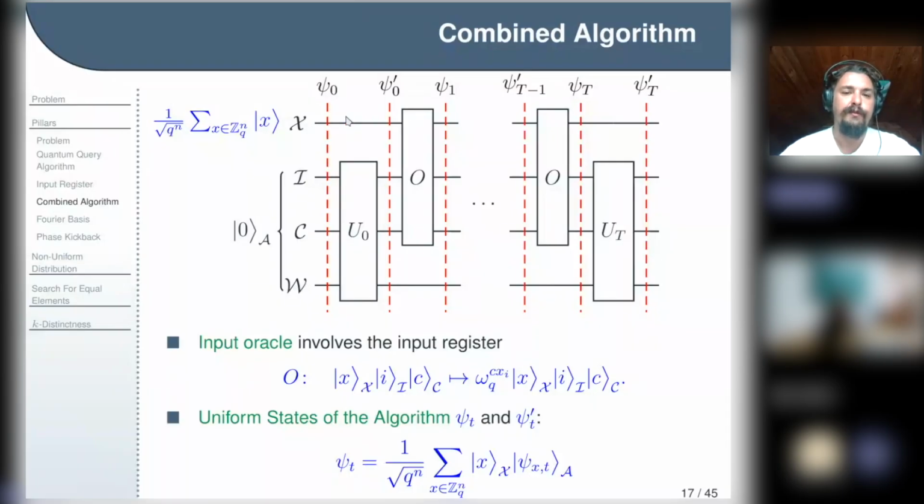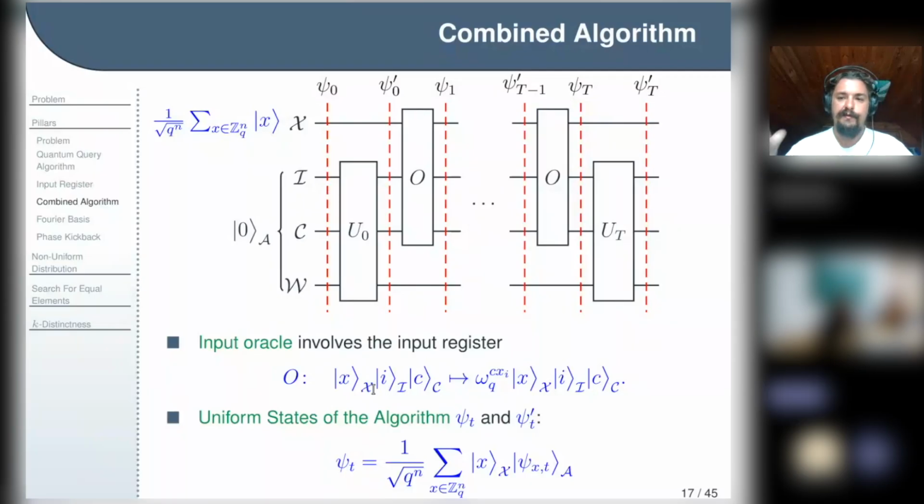The input register is not directly accessed by the algorithm, but it is accessed via this input oracle. Now it's just O, because it doesn't depend on the input string, which is just stored in the input register.